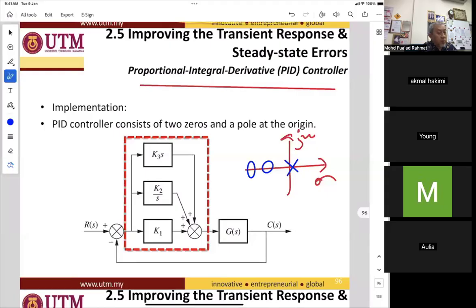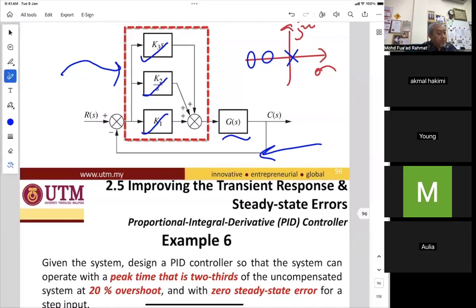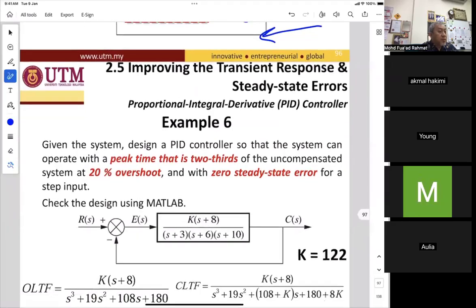In the block diagram, we usually refer to K1 for the proportional, K2 over s for the integral, and K3 s for the derivative. This is highlighted in the dotted red line as the controller. It is then cascaded to the system with the transfer function or model, with unity feedback for the closed loop.